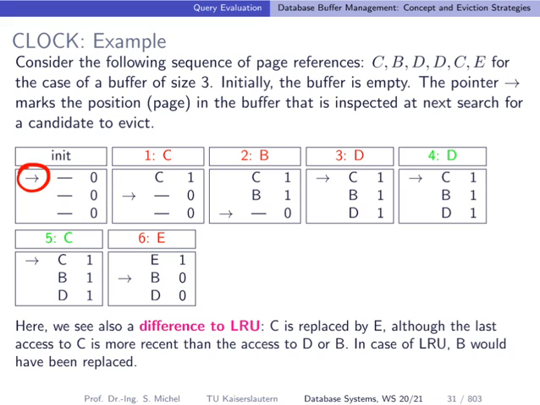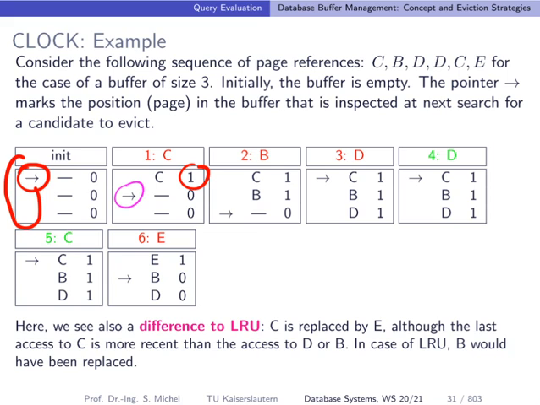We can consider a cyclic buffer, so it will always walk around like this. So we insert C, and these are the bits here, and C gets inserted with a 1 bit, and then B gets inserted, and you see this is always pointing to the next position to be checked for replacement.